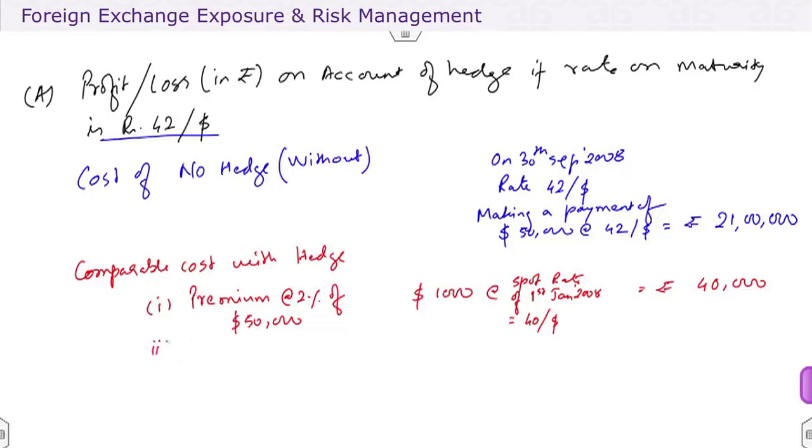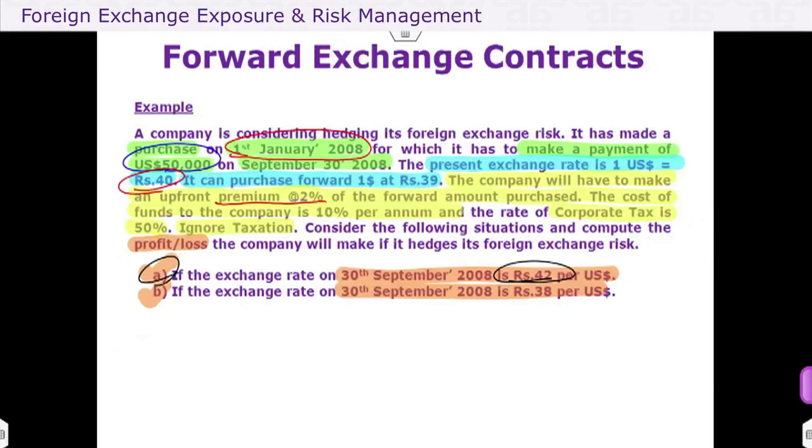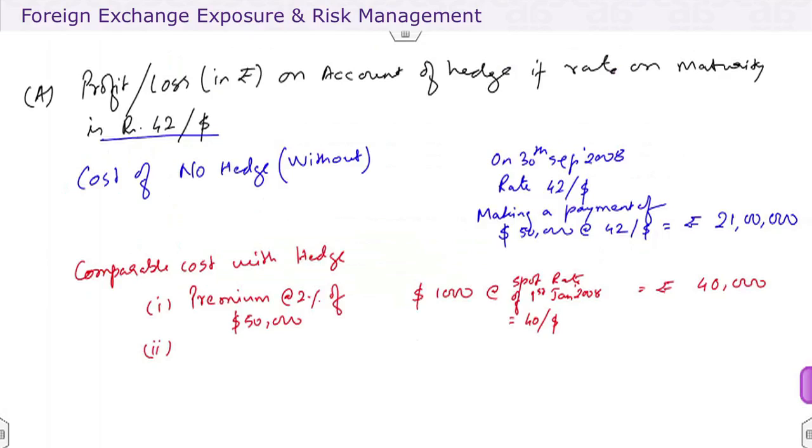Then since you have to get this funded, your cost of fund is at 10% per annum. Even if you don't pay from your pocket, it's always an opportunity cost. So the cost of funding the premium would be 40,000 rupees at 10%, so 0.10, for 9 months of 12, since the rates are per annum.